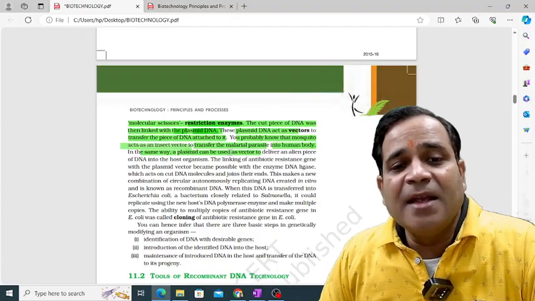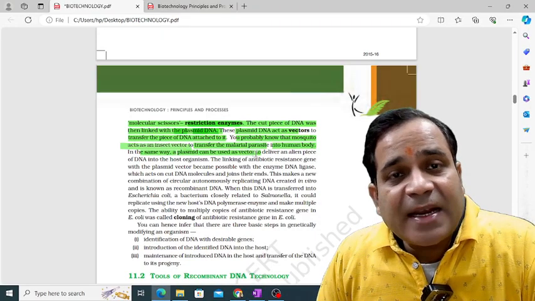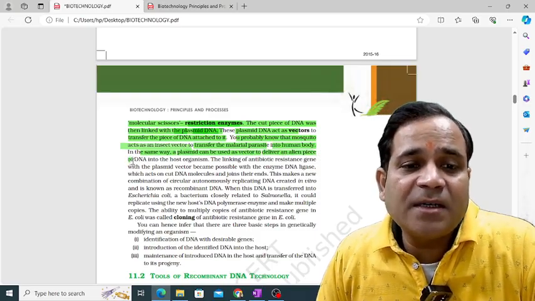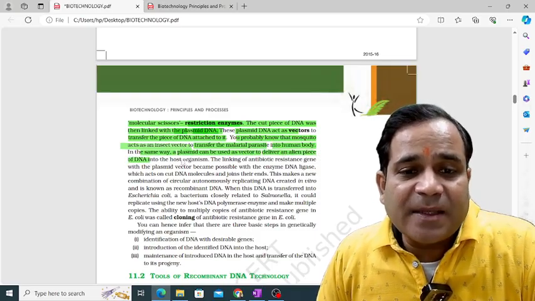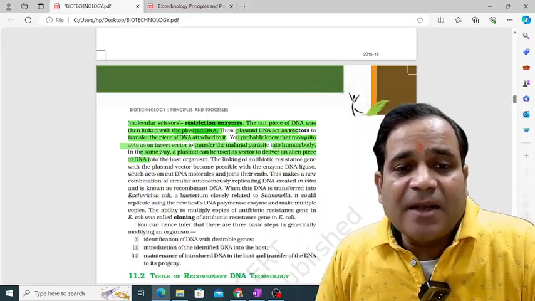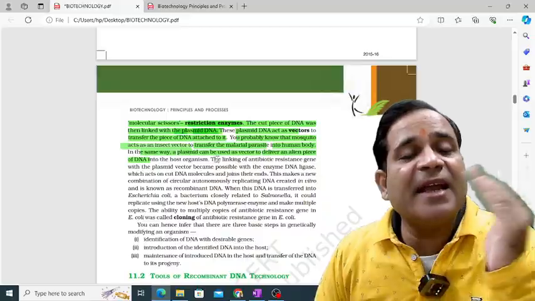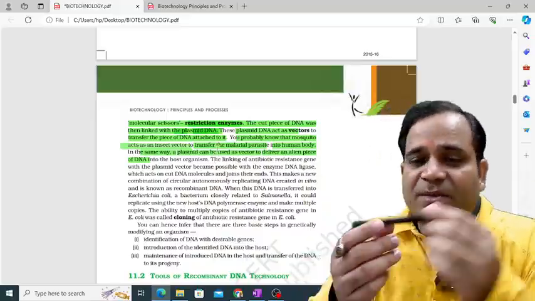In the same way, the plasmid can be used as a vector. Just as the malarial parasite is transmitted by a mosquito into the human body, the plasmid can be used as a vector to deliver an aligned piece of DNA.